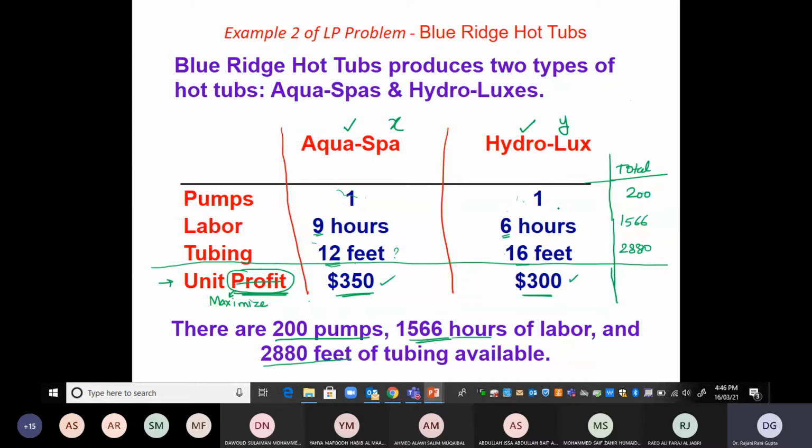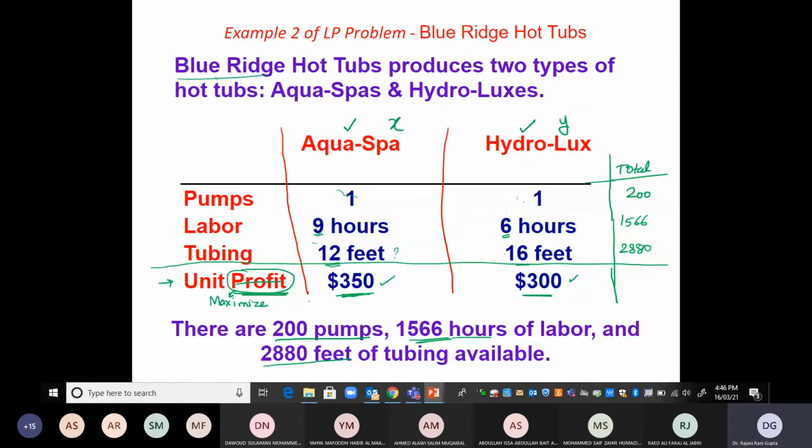So we started with the Hydrolux and Aquaspa. Let's say that X number of Aquaspa tubs and Y number of Hydrolux tubs are produced by this Blue Ridge. Okay, then first of all we talk about the objective function, the profit.